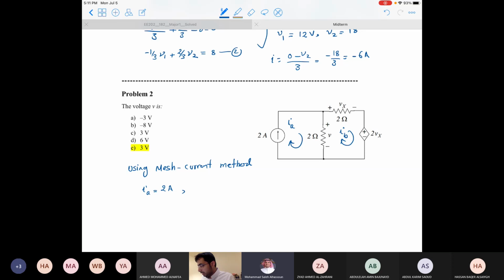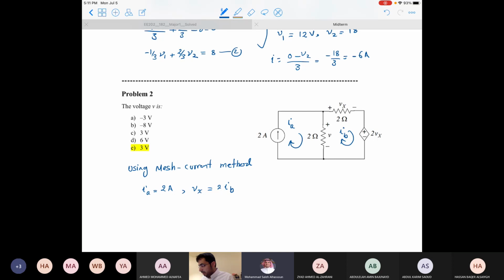Also, I know that Vx is actually 2IB. So the unknown term in the equation, I can directly substitute.